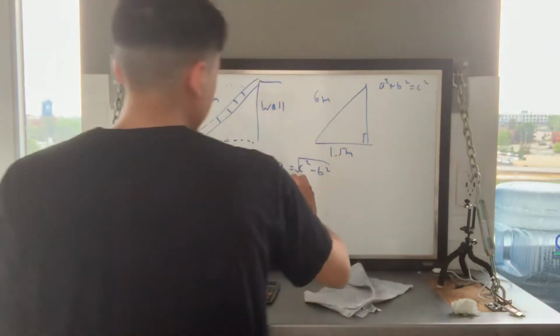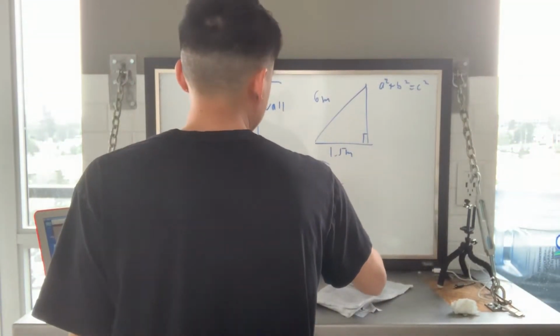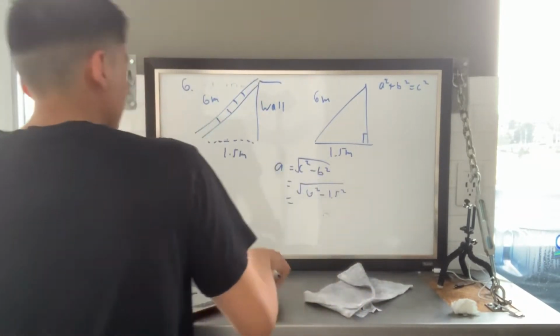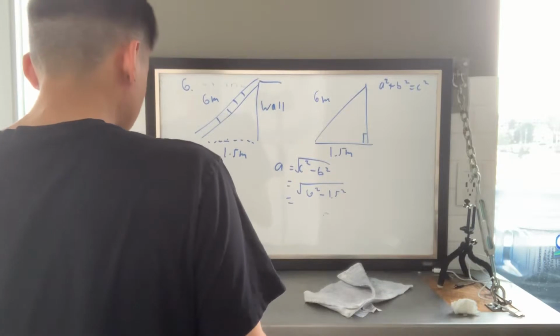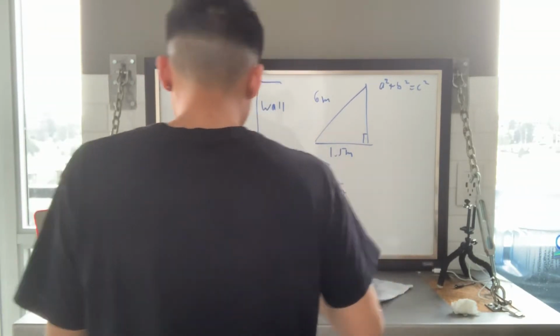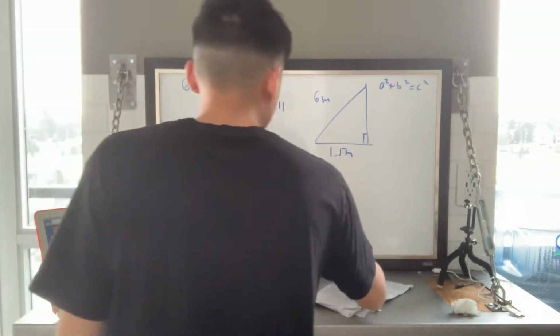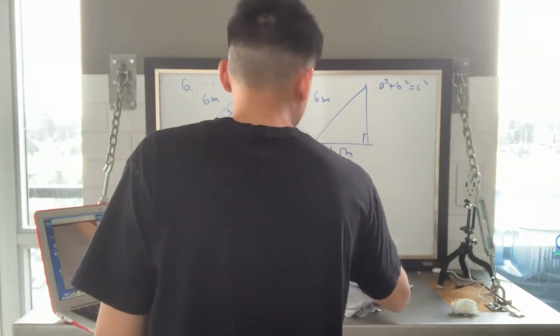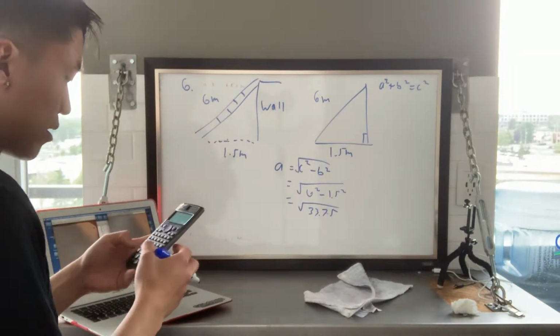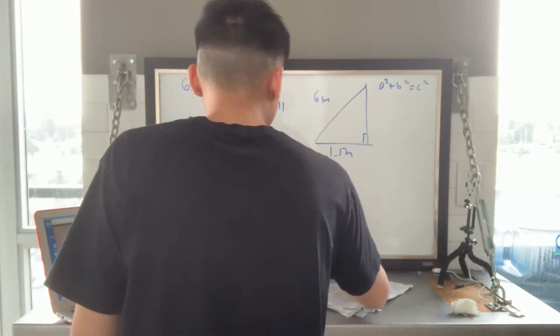So let's substitute the values in. Let's go to the square root of 6 squared minus 1.5 squared. So 36 minus 1.5 squared, in decimal, that is 33.75. Take the square root of 33.75 in your calculator, you get 5.8.